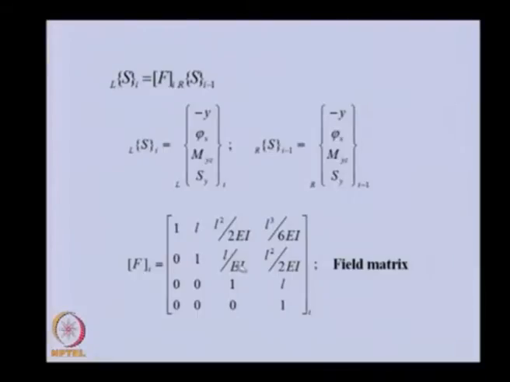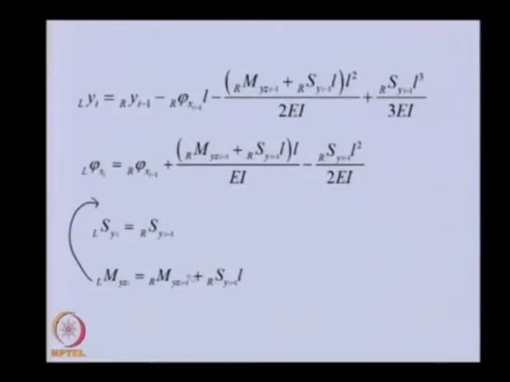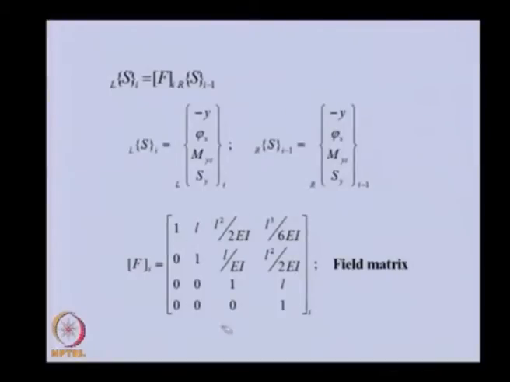So basically, if we substitute this here and multiply, we will get all the 4 equations which we have derived. So we can see this is the field variable and field matrix. Earlier in the torsional vibration case, the size of that was 2 by 2, but now it is a 4 by 4 matrix.